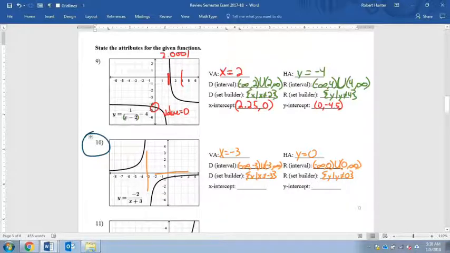Okay, and your x-intercept and y-intercept. This one has no x-intercept, because the horizontal asymptote is on the x-axis, so it cannot be on the x-axis. None. Your y-intercept, however, we can calculate.